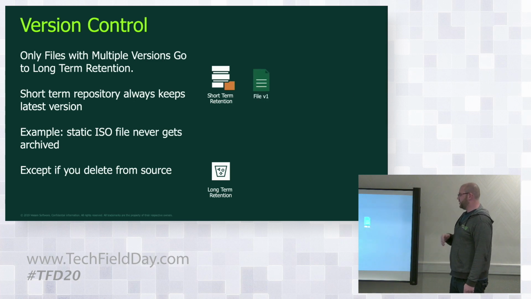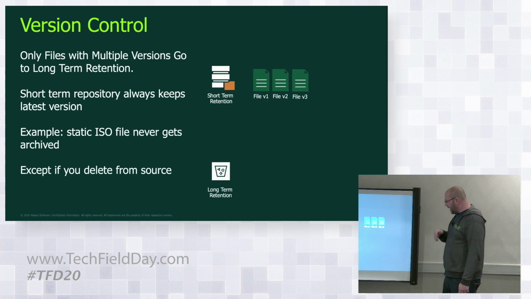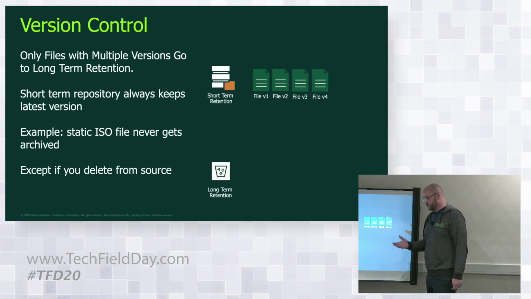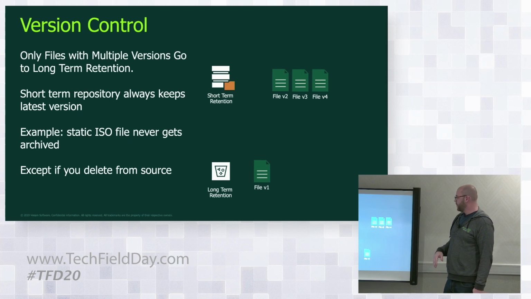From a version point of view, let's just say that a file is changing on a daily basis, and our short-term retention is 3 days. So we write that last version, version 4, and then the policy says let's tier that off into our longer-term storage.